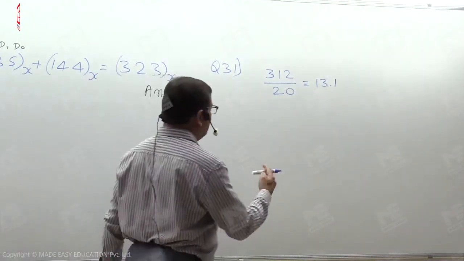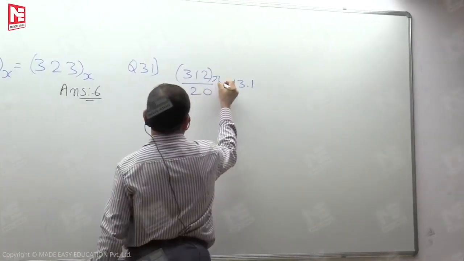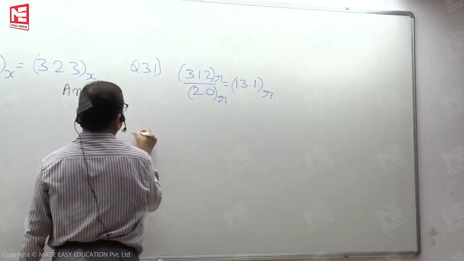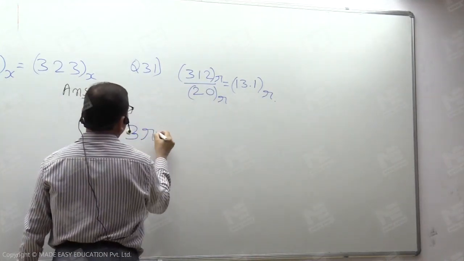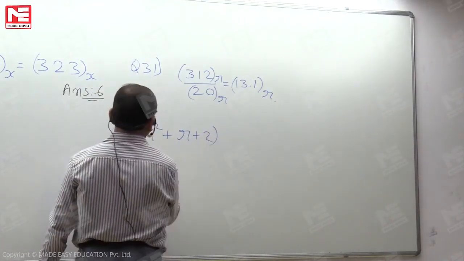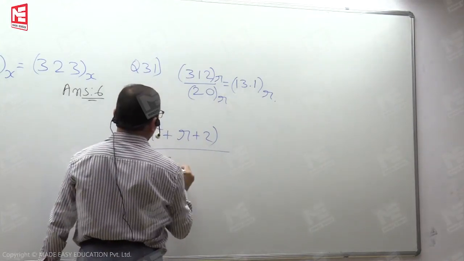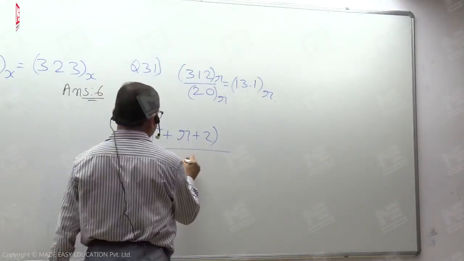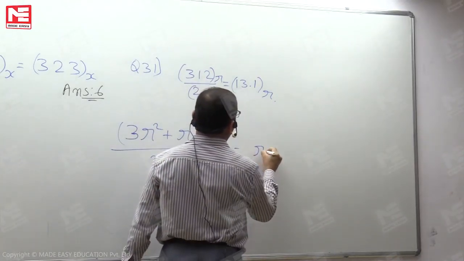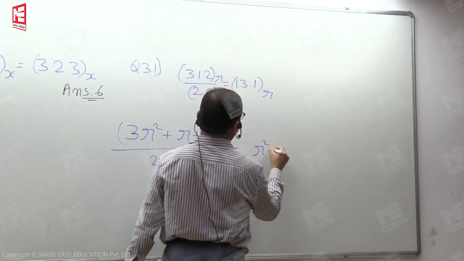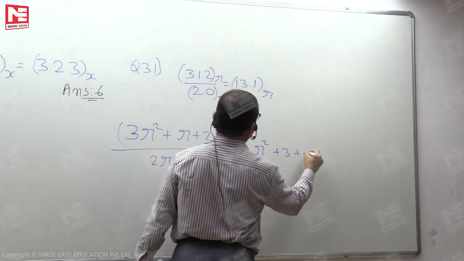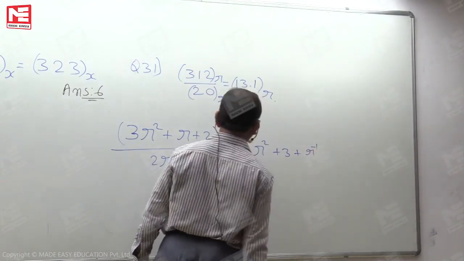So each number we are having with radix of r. Hence we are looking here (3r² + r + 2)/(2r + 0) = r² into 1, no need to write, plus 3 plus r to the power of minus 1 into 1.